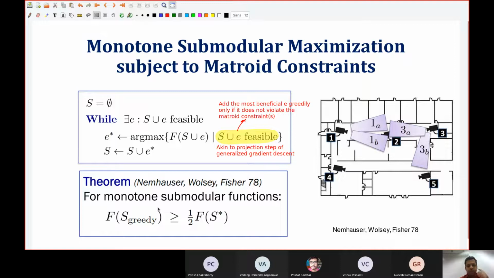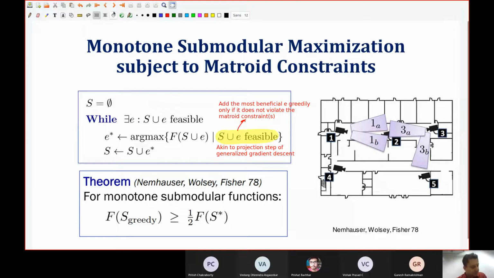And Nemhauser again showed that for monotone submodular functions, the function at the S greedy obtained using this projected greedy is at least half of that of the optimal. Okay, simple idea.